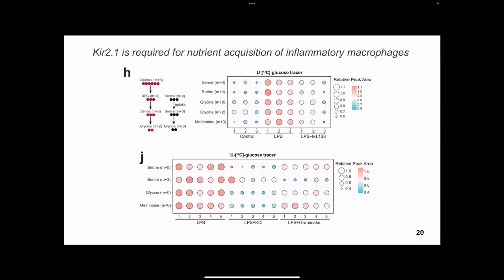In addition, unlabeled serine, glycine, and methionine, which are the M+0, were all decreased in these activated macrophages after the membrane potential depolarization. So this data together indicates a profound impact of the KIR2.1-mediated membrane potential on nutrient acquisition of macrophages upon activation.